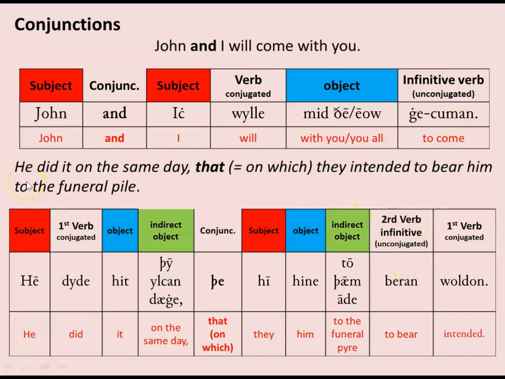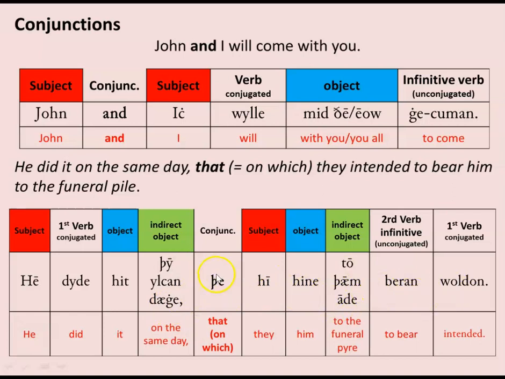So if we have a look at this sentence, he did it on the same day that they intended to bear him to the funeral pyre. That will be a subordinating conjunction. So the main clause, or the independent clause, has a normal word order: subject, verb, object, indirect object, and so on. So he doede hit thu ilkandaya, the he hinne totham ada bearen walden.